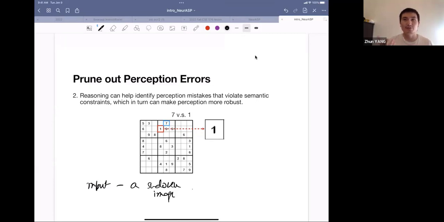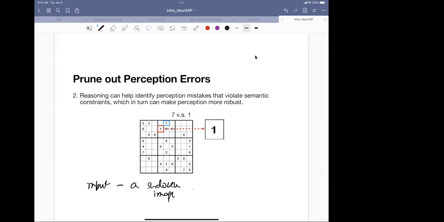So the reasoning part is actually done kind of out of the box. It's done by the solver called Clingo, and Clingo supports finding the stable model that has the highest chance. And so with the Clingo solver, we actually don't have to consider all possibilities. It has a very efficient implementation inside to quickly prune out all interpretations that have less chance.